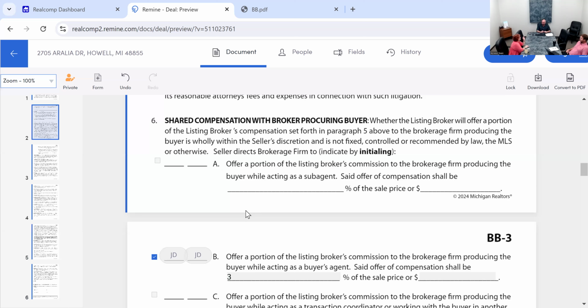But isn't that enough unless you write an offer? Because this is now an NAR requirement, right? Yes. Is it my job to enforce NAR?